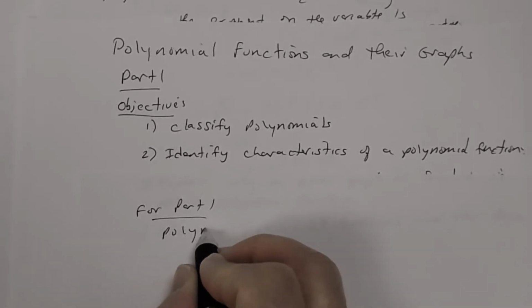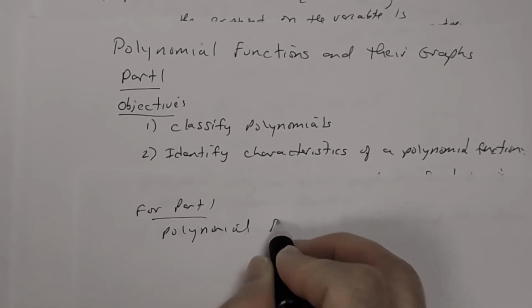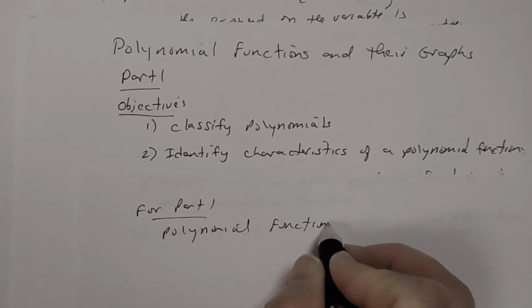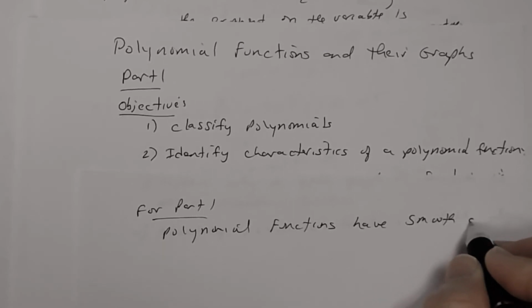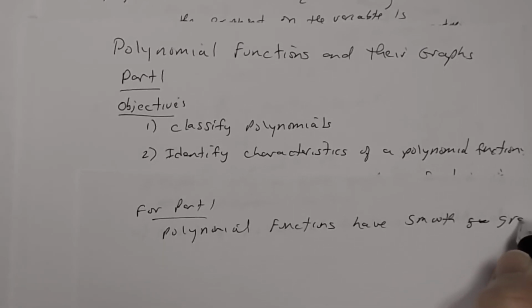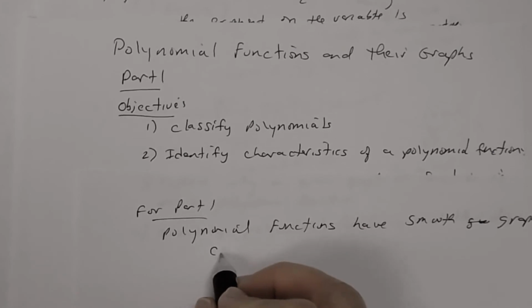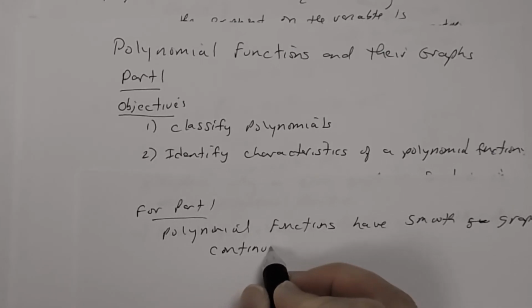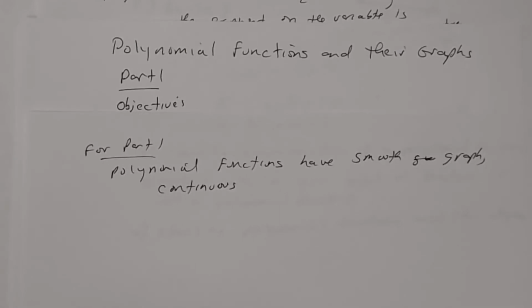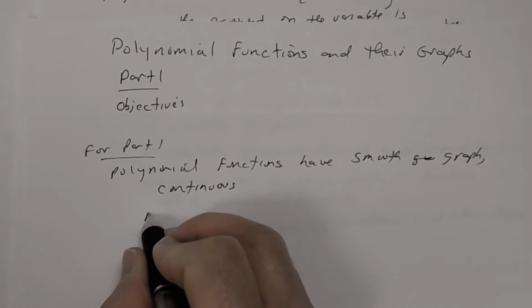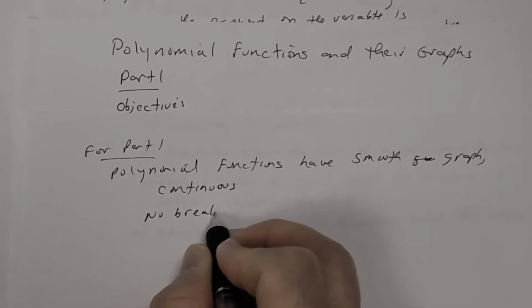Polynomial functions have smooth graphs. They are continuous, so there are no breaks in the graph.